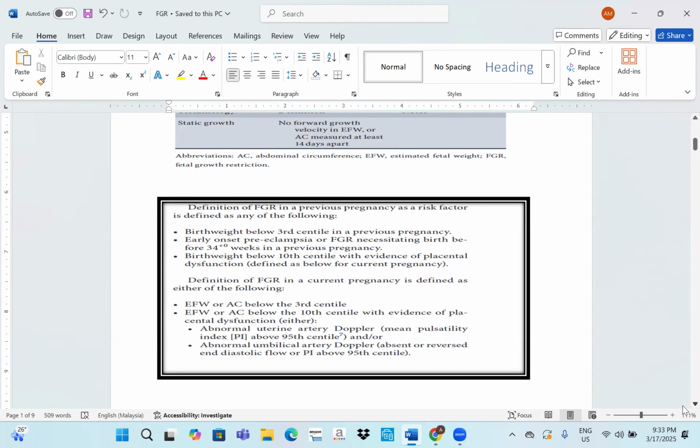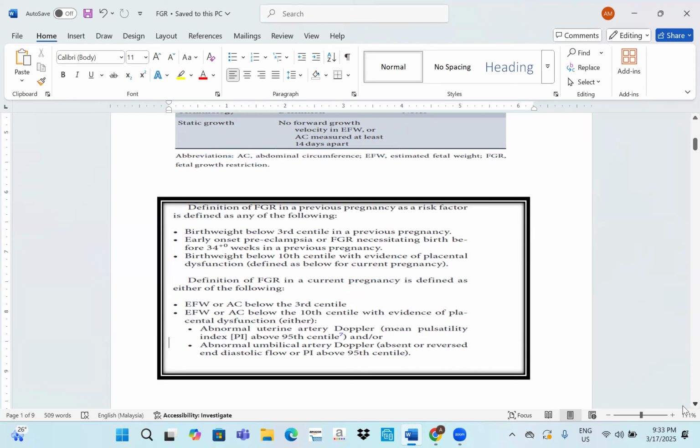Now, the current one is either the estimated fetal weight or abdominal circumference below third centile, or estimated fetal weight or abdominal circumference below the 10th centile with evidence of placental insufficiency in the form of abnormal uterine artery Doppler or abnormal umbilical artery Doppler.